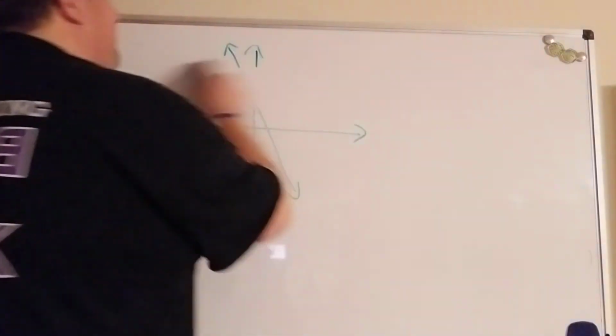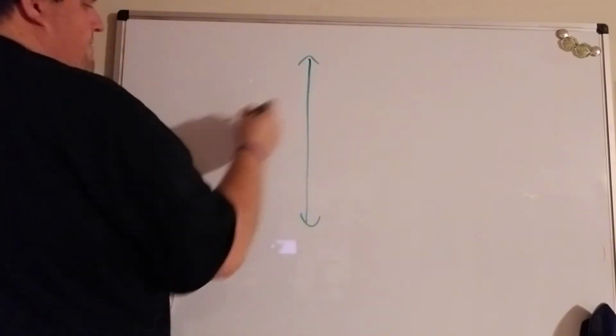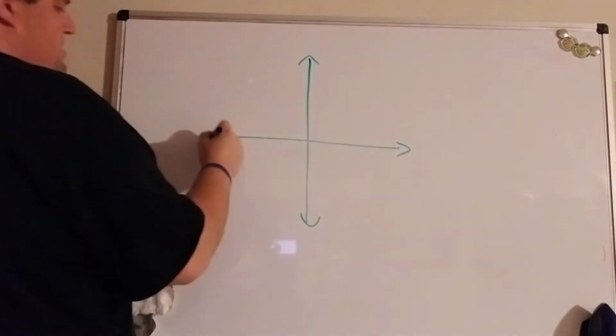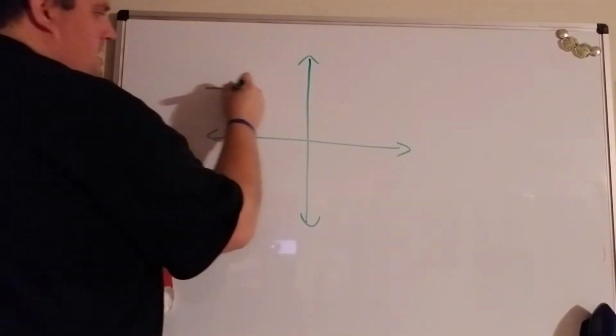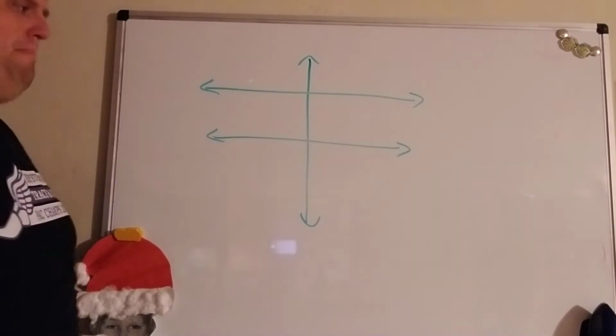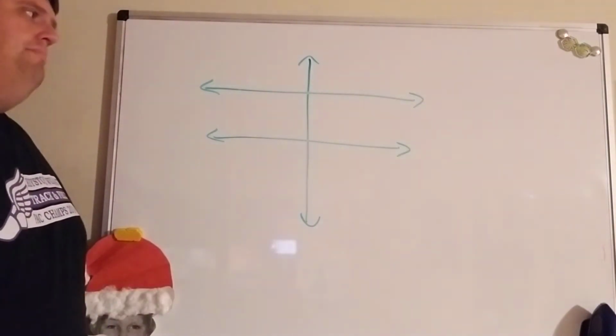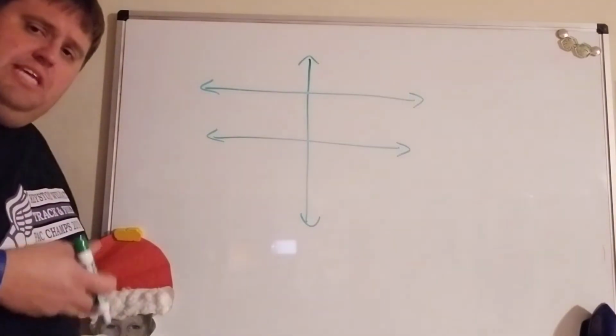Now there's 2 other things that could happen to your slope, and those are the important ones that don't really make sense. All right, so we could have a horizontal line. So it kind of matches the x-axis there. The slope of this line, it doesn't increase and it doesn't decrease.